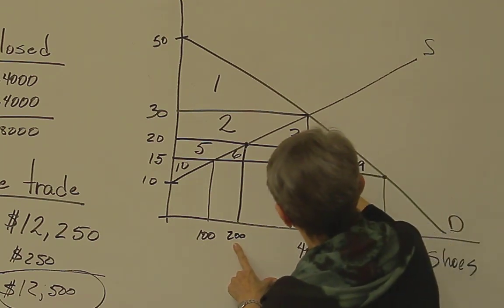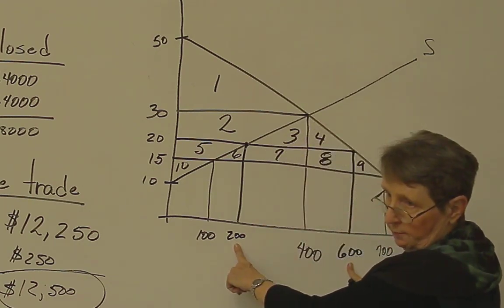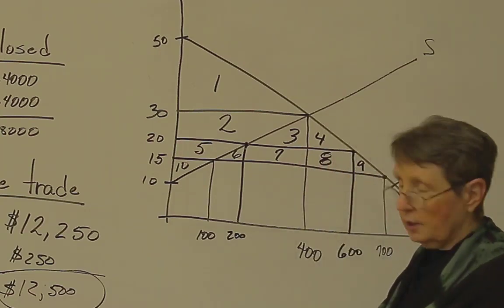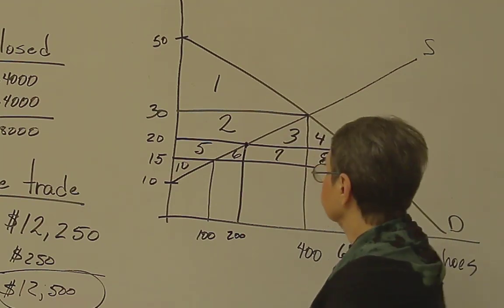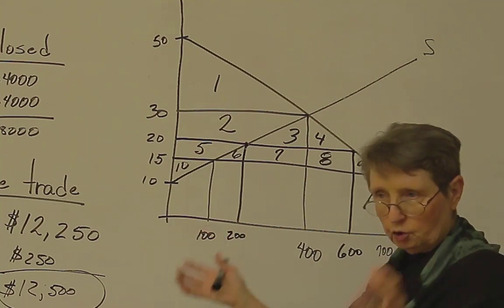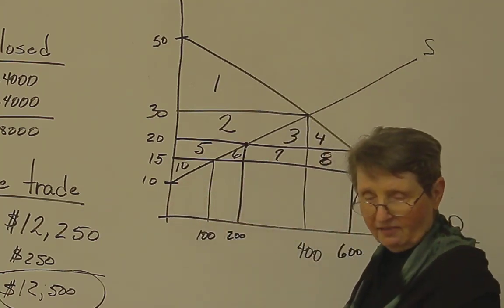And the government's going to collect $5 on each of these 400 imports. So 7 and 8 aren't lost to the economy, they're transferred from consumers to the government. So that's still wealth within the economy. We could argue about whether or not we should do that, but that's another discussion. It hasn't left the economy.